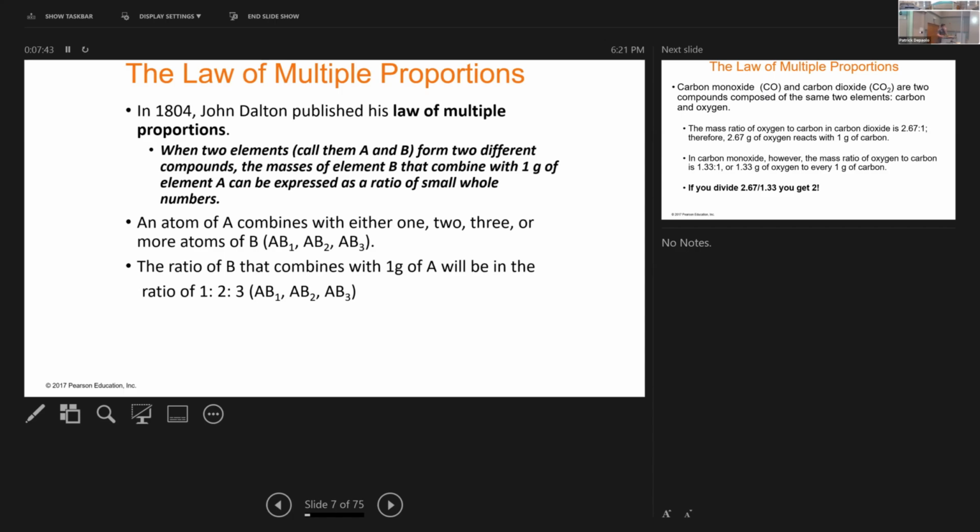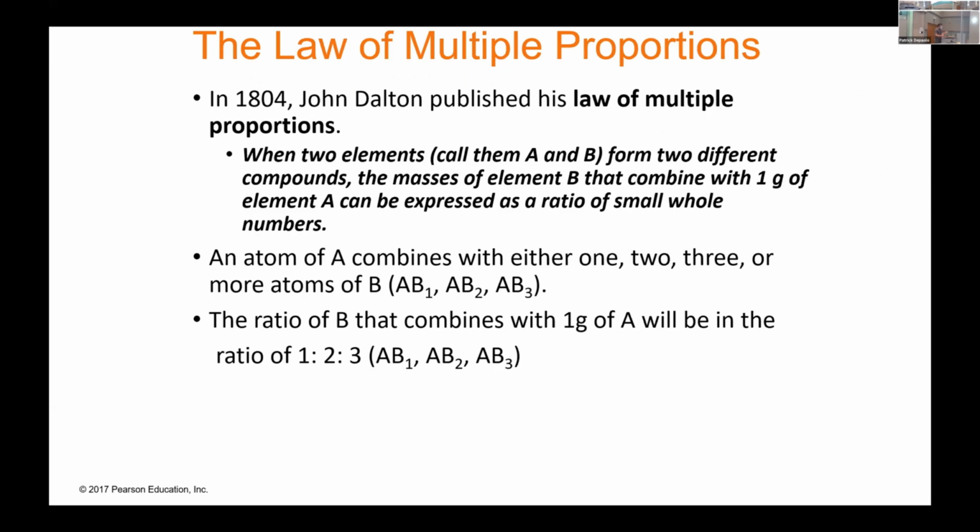All right, so there could be different ratios of A and B. It could be AB1, AB2, AB3, meaning there's 1A and 1B, 1A and 2B, 1A and 3B. For example, there could be hundreds of different other combinations.